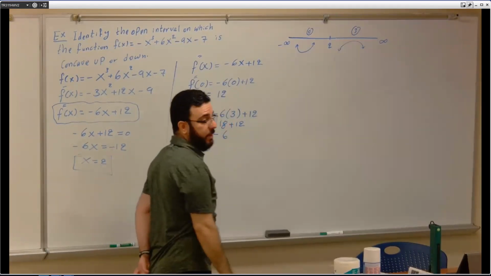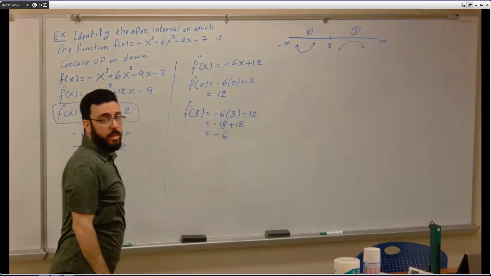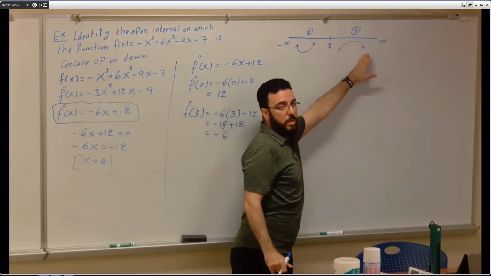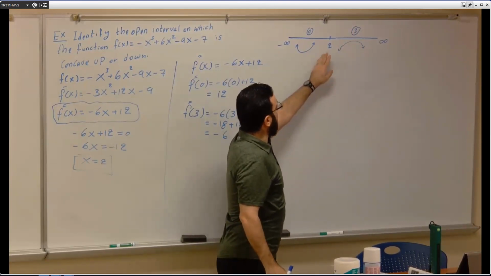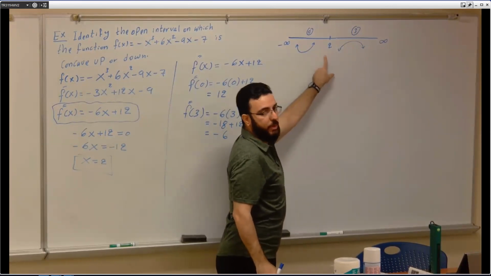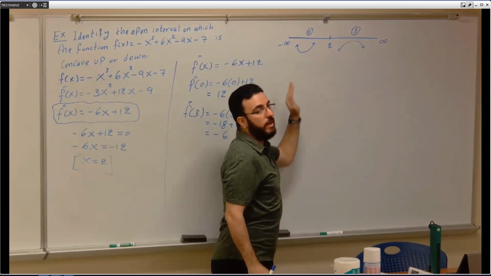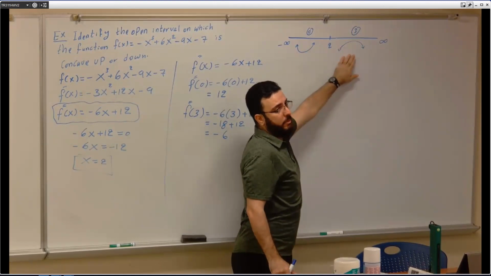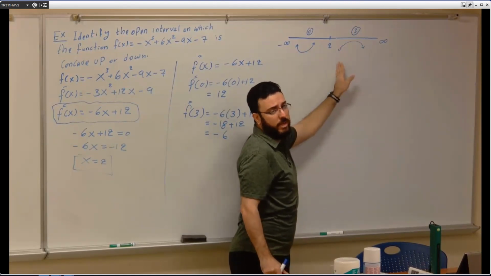By the way, sometimes you're going to get concave up and concave up, or concave down and concave down. In this case, if you have concave up and concave down, this is an inflection point, because the function changed from up to down. But if you have both intervals up and up, that means there is no inflection point.